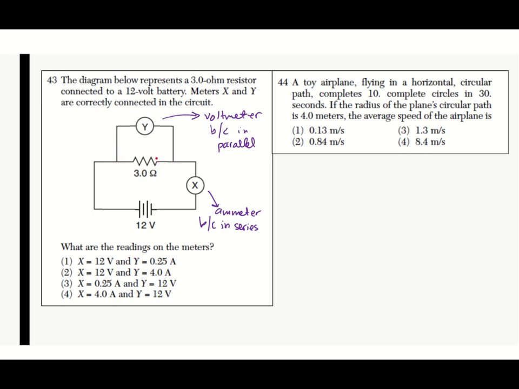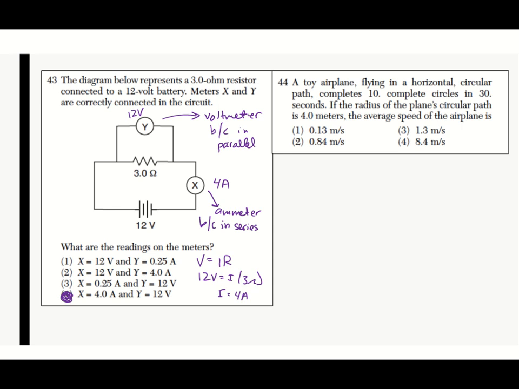Gets spent here, all 12 volts. Now, because this is an ammeter, we have to calculate for current, and the way we do it is V equals IR. 12 volts equals I times 3 ohms. I is equal to 4 amps. So this measures 4 amps. And our answer choice is 4.